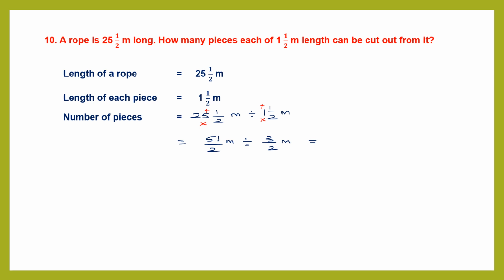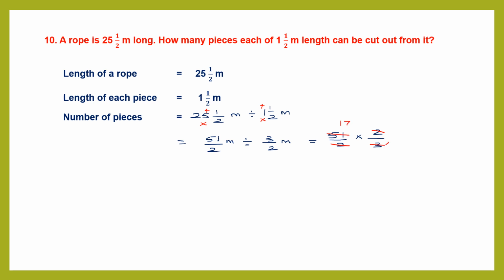So let's do division of fractions. This will be 51 by 2. Division will change to multiplication. 3 by 2 will become 2 by 3. Now we can cancel. 2 and 2 we can cancel. 51 and 3 we can cancel. 3 into 17 is 51.